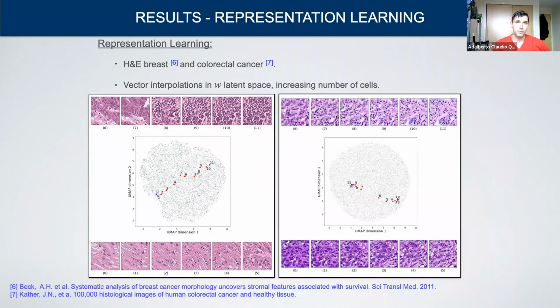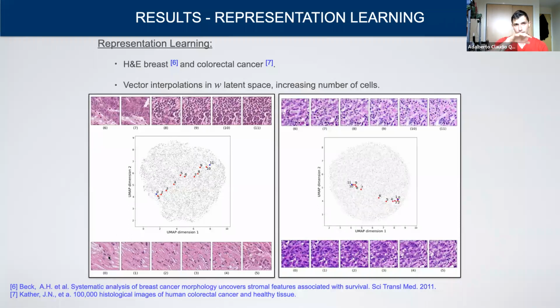So another thing that we tried to do was linear vector interpolations between 2 points and see the effect on the generated images as you travel along the latent space. So I'm showing 2 cases here, one for the colorectal on the left and another one for the breast cancer on the right. And in this case, we started off with a stroma sample and then ended up on a densely packed lymphocyte tile.